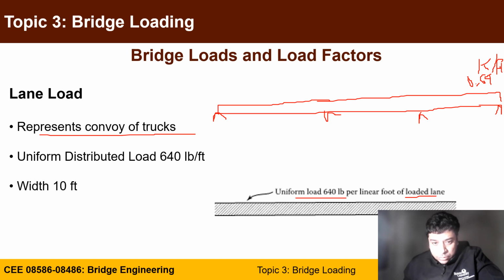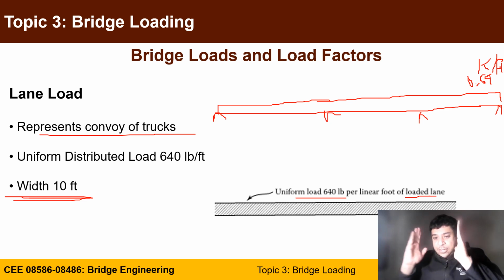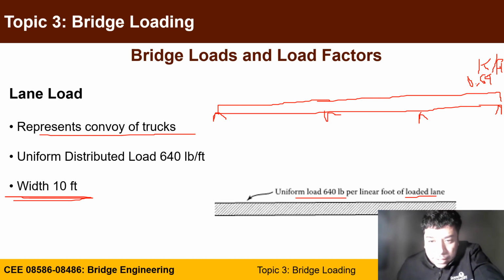It acts on a width of only 10 feet, so it's attached to the truck width. And let's say your truck has a front axle, a rear axle, and a trailer axle, and you have 8 kip, 32 kip, and another 32.